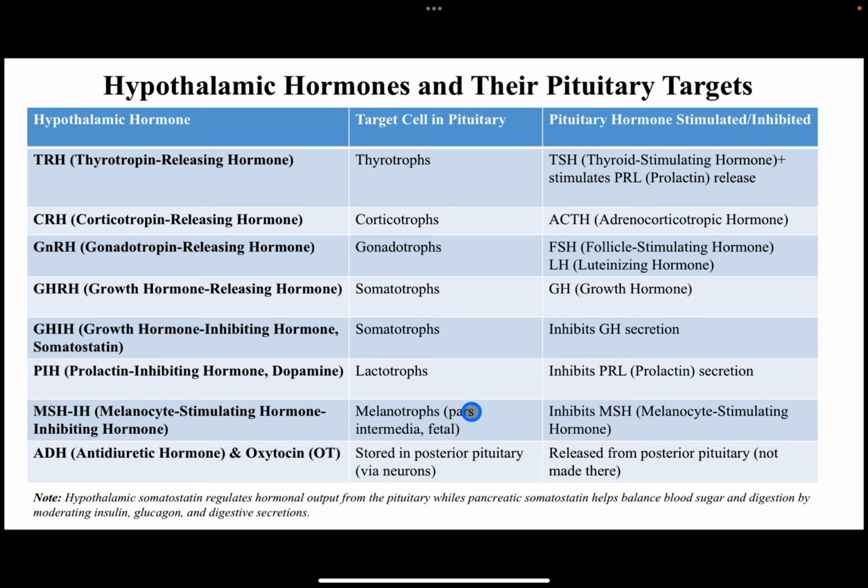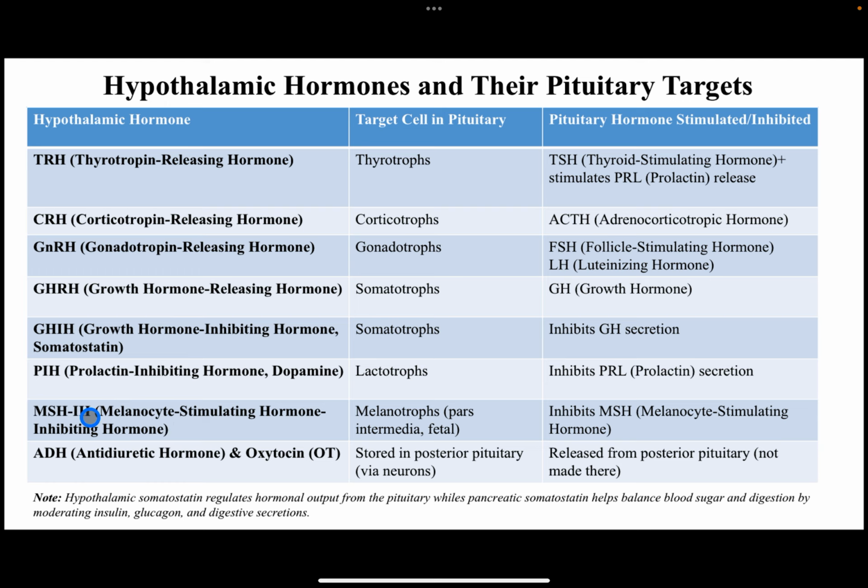Once these cells are stimulated, it will inhibit melanocytes. Okay, it will inhibit melanocyte stimulating hormone release, or it will stimulate the hormone, depending on which angle you are coming from. So if it's the melanocyte stimulating hormone that is being released, because you see it's two hormones combined, melanocyte stimulating inhibiting hormone.